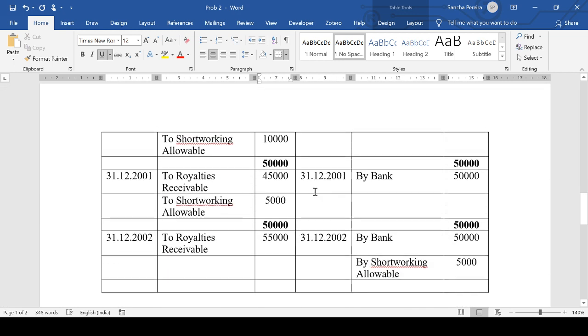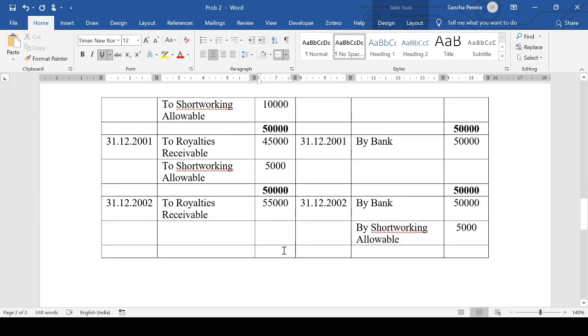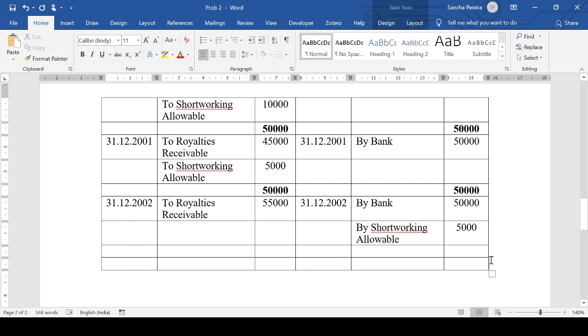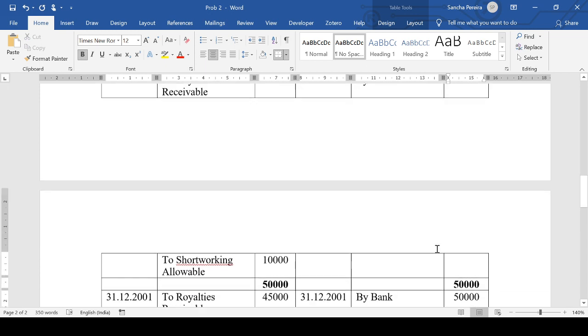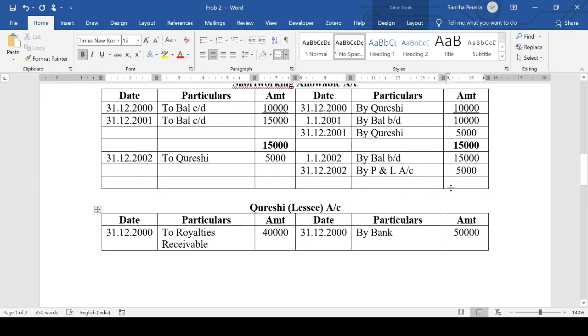Close the accounts. Qureshi's account balances. We have 55 here. Close the short working allowable account.